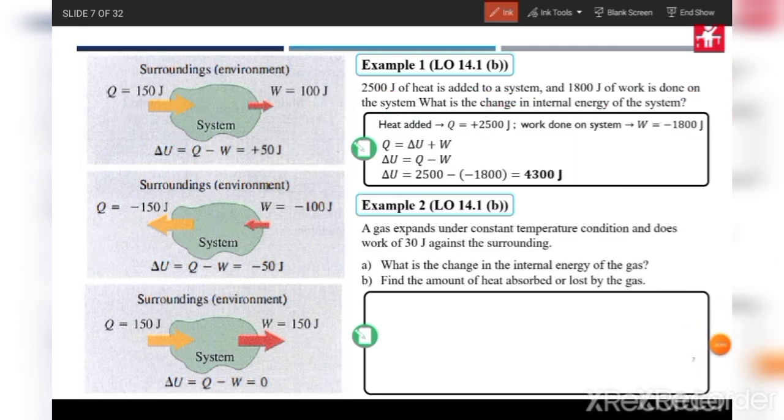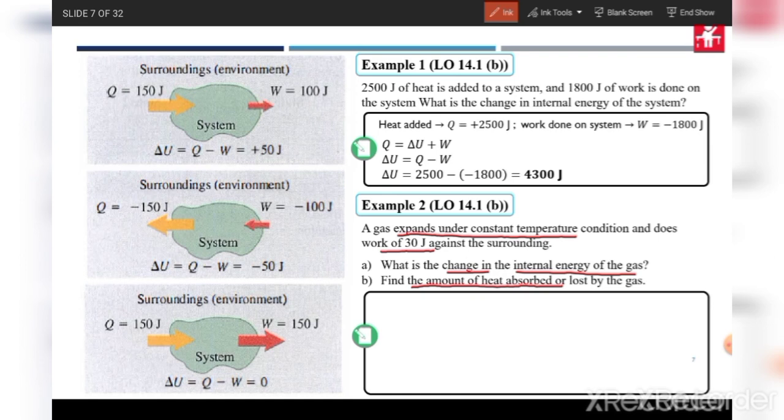Okay, let's look at the last example. We have a gas that expands under a constant temperature and does work of 30 joule against the surrounding. The question asks what is the change in internal energy of the gas, and find the amount of heat absorbed or lost by the gas.